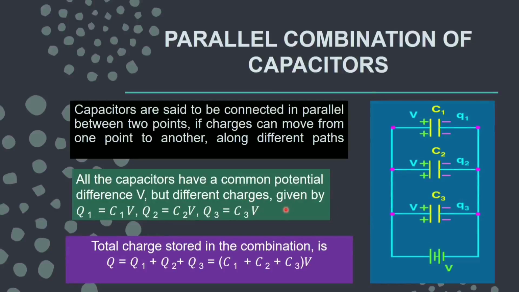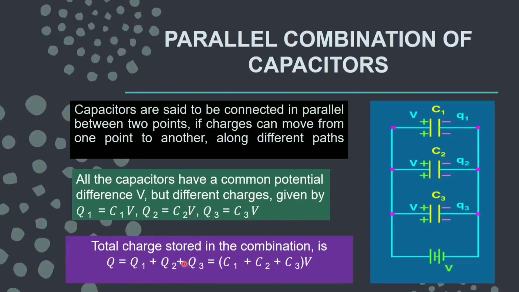So you can calculate the charges on all three capacitors: Q1 equals C1V, Q2 equals C2V, and Q3 equals C3 into V. From the basic formula only you have to write; this thing is very simple. The total charge stored in this combination is Q equals Q1 plus Q2 plus Q3.